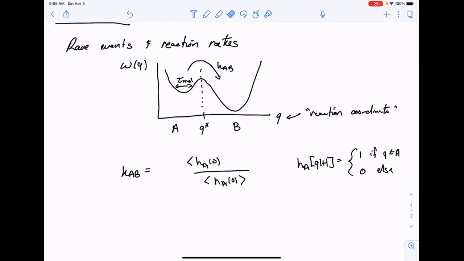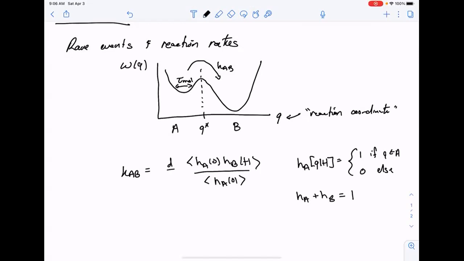The rate then is given by the correlation between being in HA at time 0 and then being at HB at time t later, where HB is defined as the complement of HA, so it picks out those configurations as delineated by Q that belong to the B basin and is non-intersecting with the A basin.